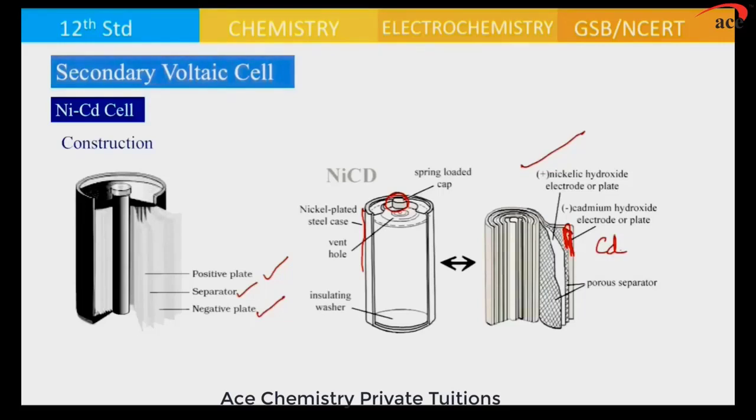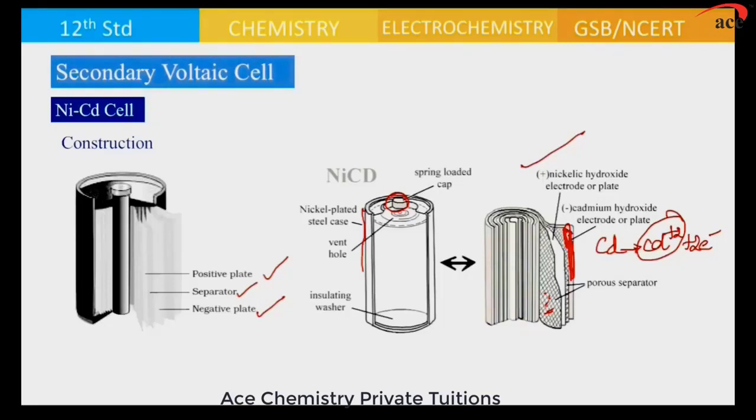So cadmium undergoes oxidation, and then this cadmium ion combines with OH minus of a base, and ultimately it becomes a layer of cadmium hydroxide. Can you see a small net type of thing? These are porous separators, meaning the partition is done.